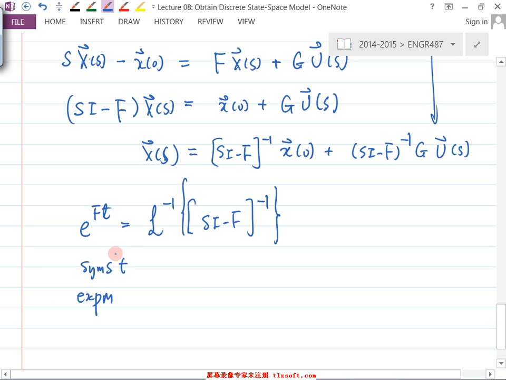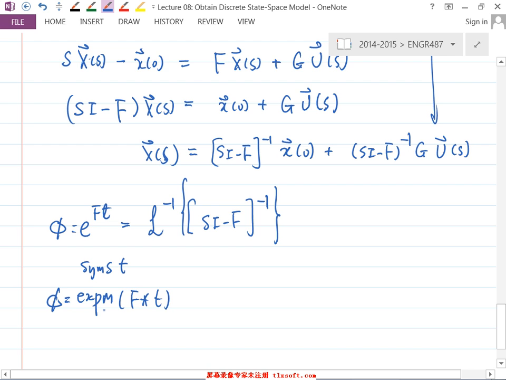Then if you call this phi, phi equals expm of capital F, defined first, times the small t, and it will give you the result. It may not be very accurate sometimes numerically, but that's a shortcut for verification.